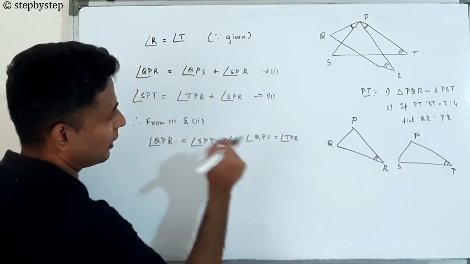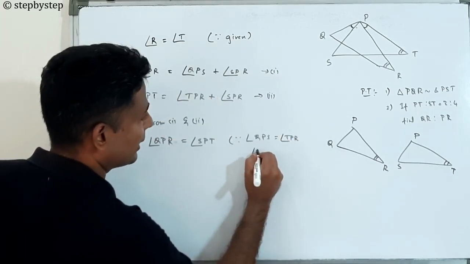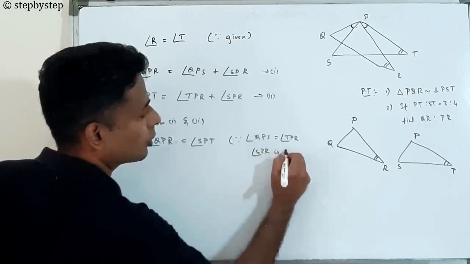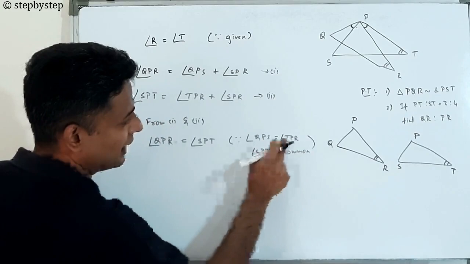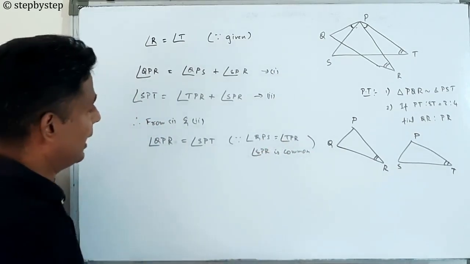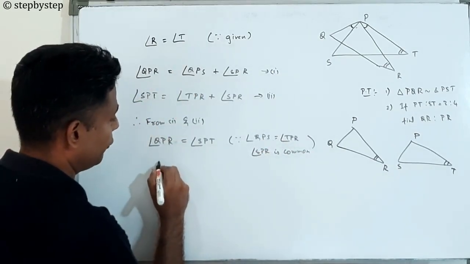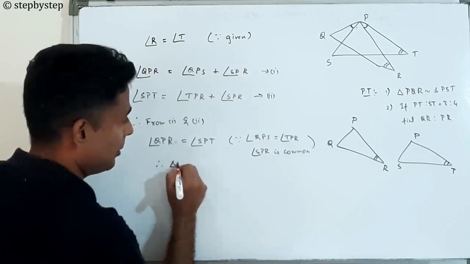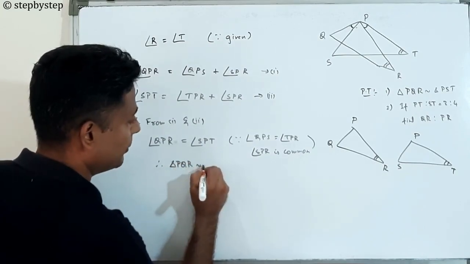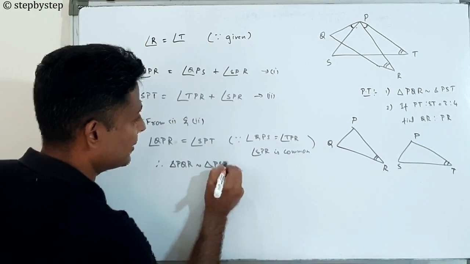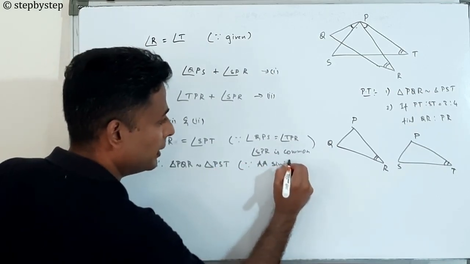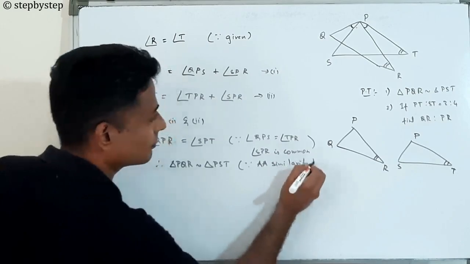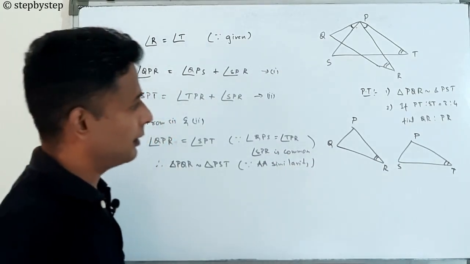These two angles are equal given, and angle SPR is common. So adding this plus this and this plus this, you'll get the same answer. Now therefore we can say triangle PQR is similar to triangle PST. What is the reason? AA similarity. Now this is the first part, that is over.